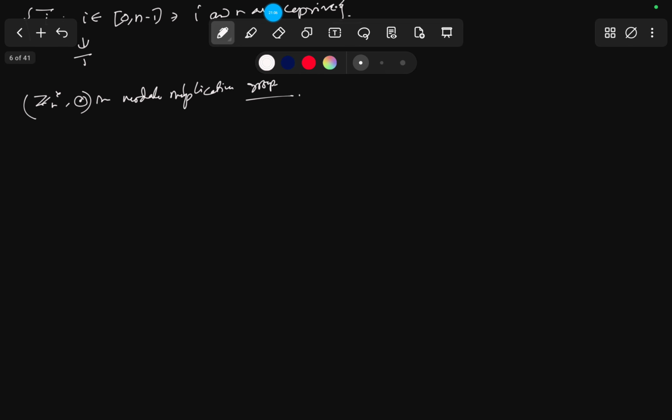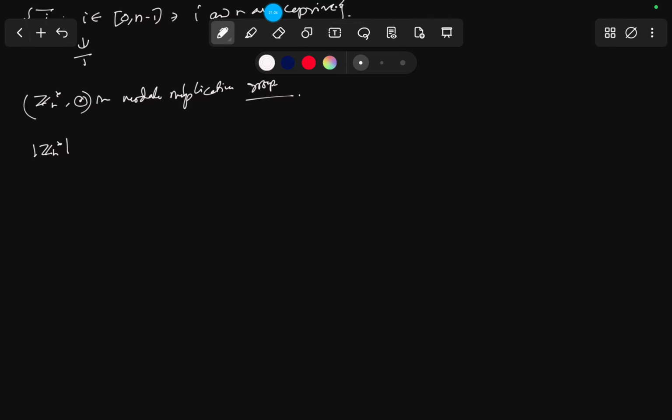Now what's the cardinality of Z mod nZ star? Since Zn star is basically a subset of Zn, and Zn is itself finite, that means Zn star has to be finite. Now what is the cardinality of Zn star?